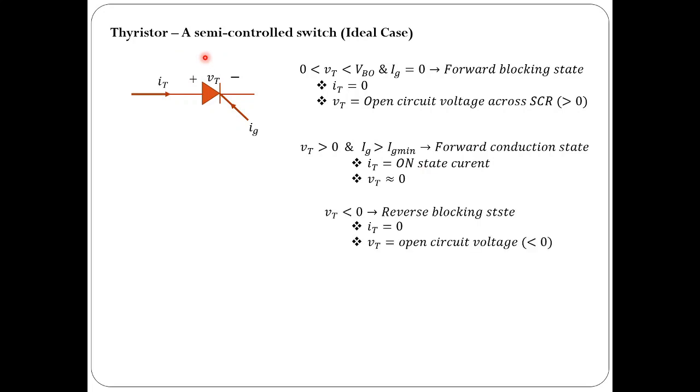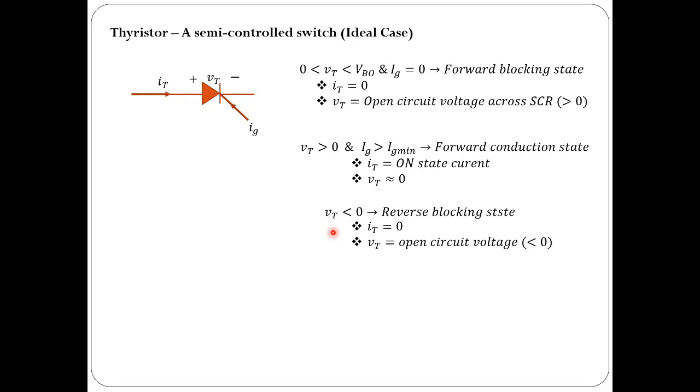And in case VT is less than 0, irrespective of the control signal, this would be in off state only, and that is known as the reverse blocking state. So this thyristor is said to be in reverse blocking state. During this state, IT is equal to 0, the current through the switch is going to be 0, and the voltage across it would be the open circuit voltage, which is negative.